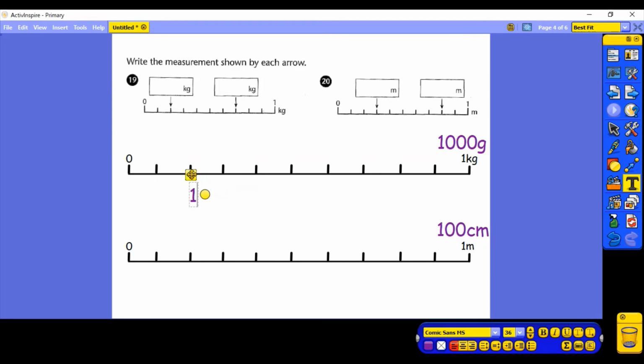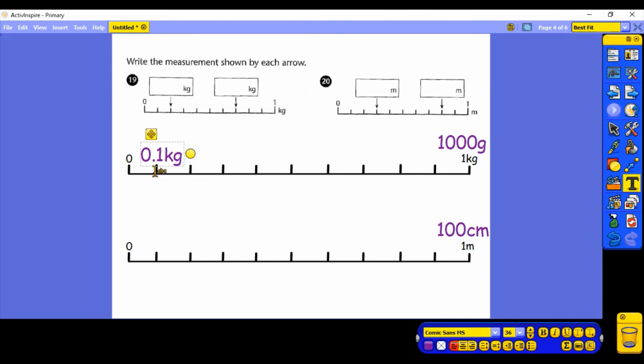So 1 divided by 10, what would that become? It would move down and it would become 0.1, which is the same as a tenth, because we've divided by 10. So 0.1 kilograms.